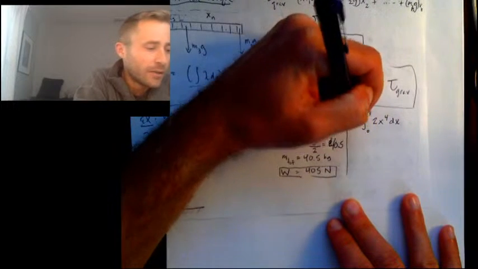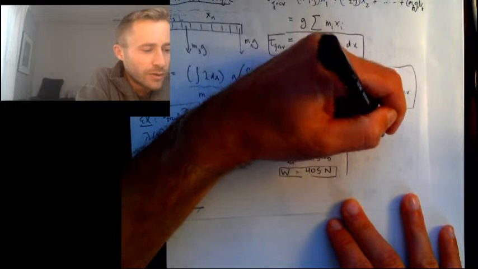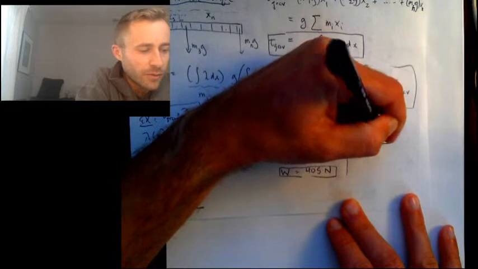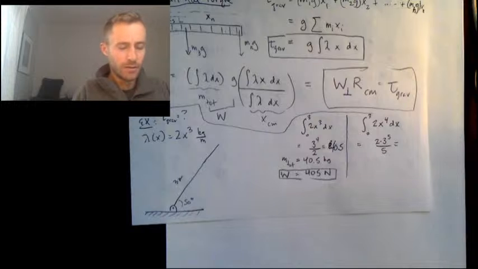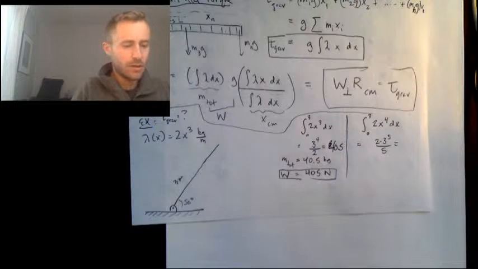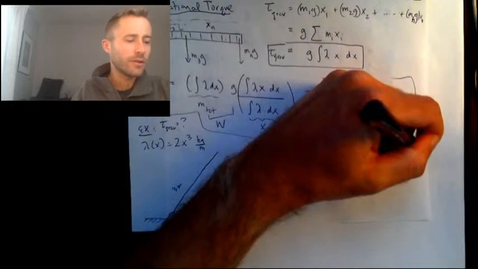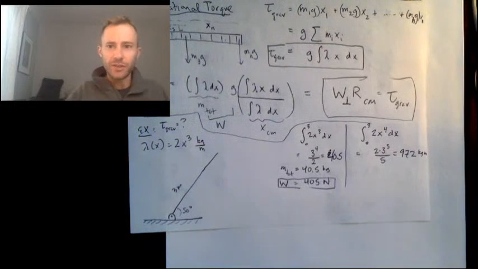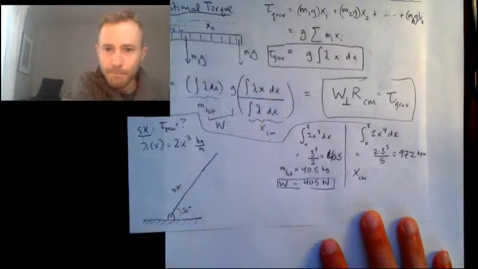This integral is equal to 2 times 3 to the 5th over 5, which is 97.2 kilogram meters.